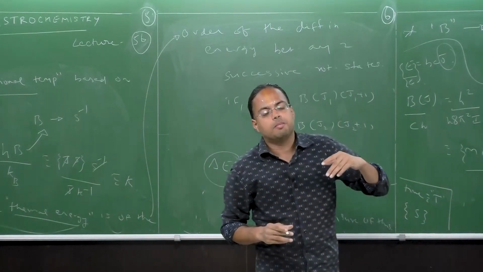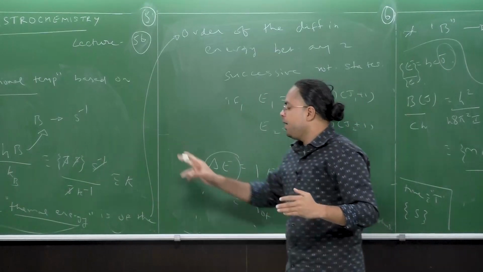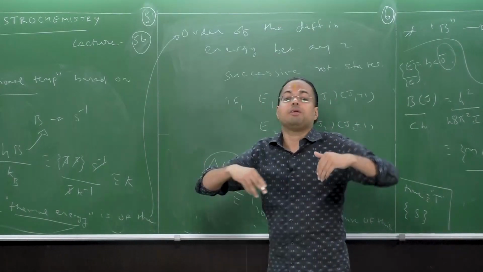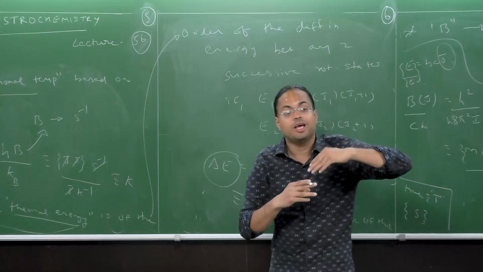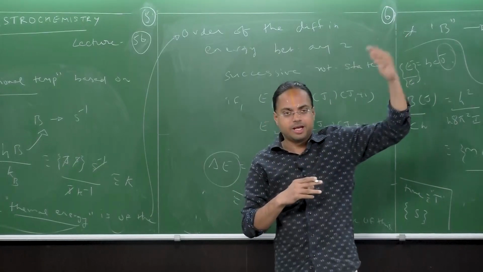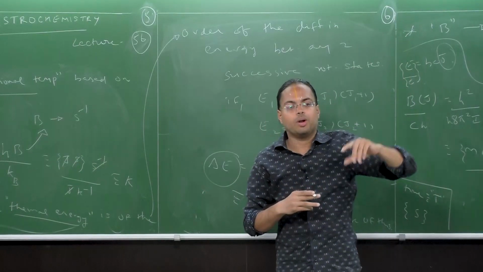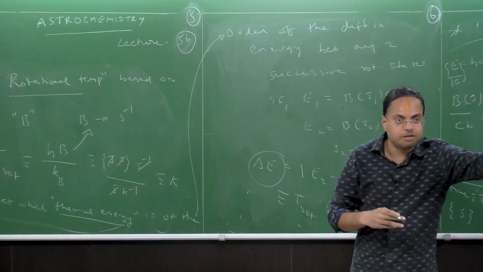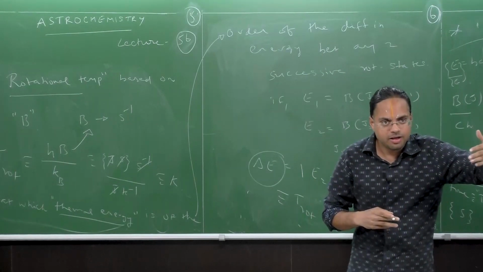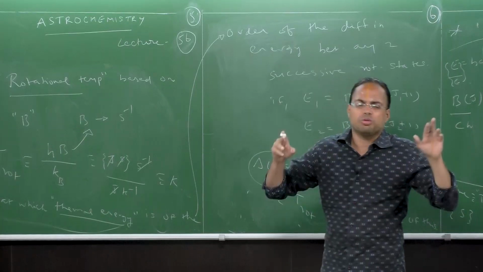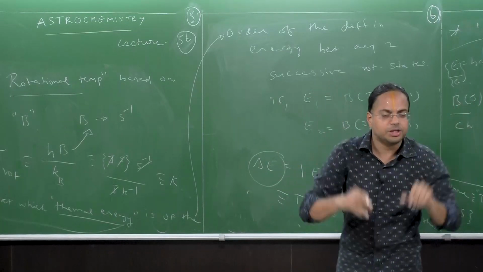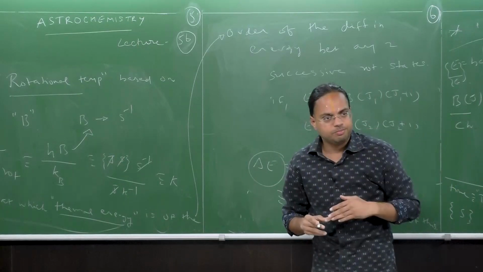Now, back then, I told you that based on the rotational transitions in electronic spectra, one can find out the temperature of the interstellar medium. I also told you that, strictly speaking, it should be the rotational temperature, but I avoided using that phrase.